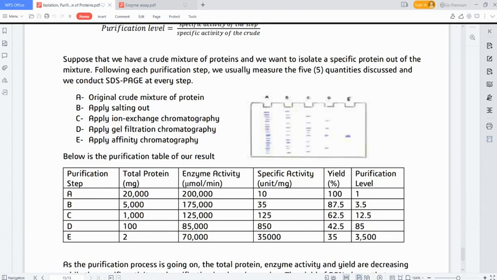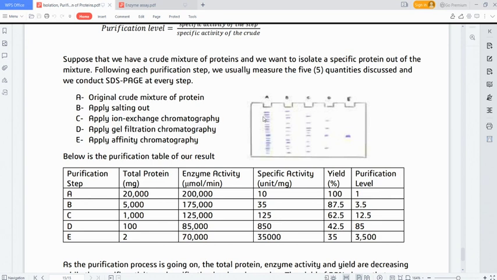Supposing you have a crude protein and we want to isolate a specific protein out of the mixture, the following purification steps were measured, with the five quantities discussed, and we conduct SDS on the protein. After the crude protein, we did SDS. After salting out, we did SDS.